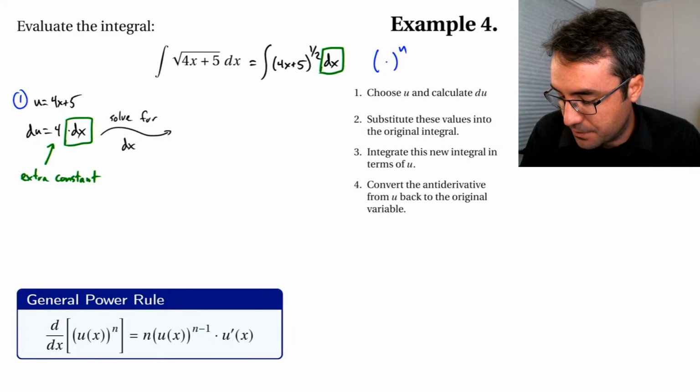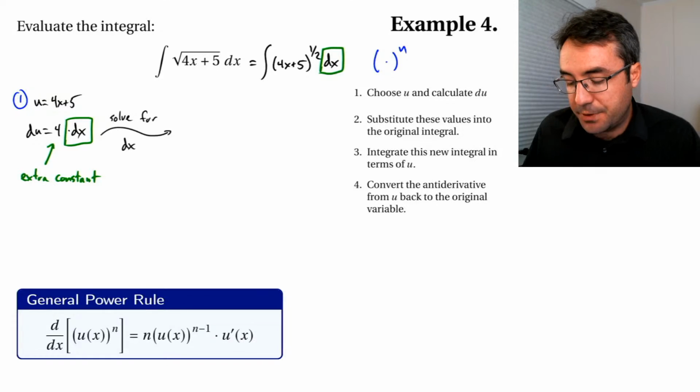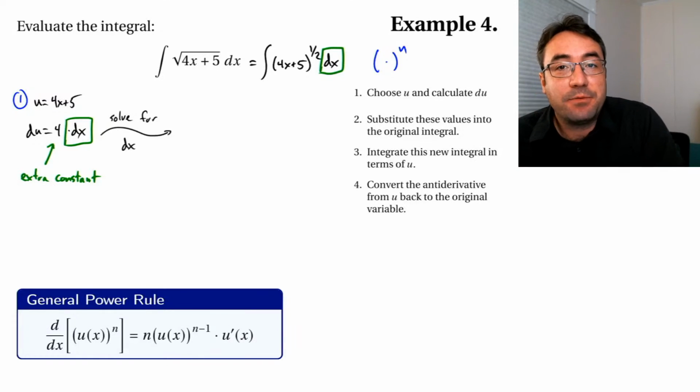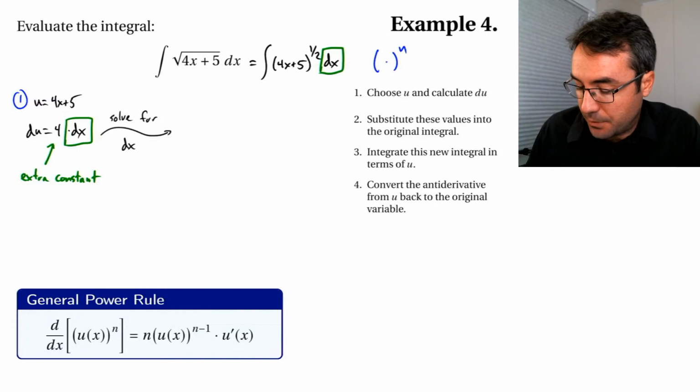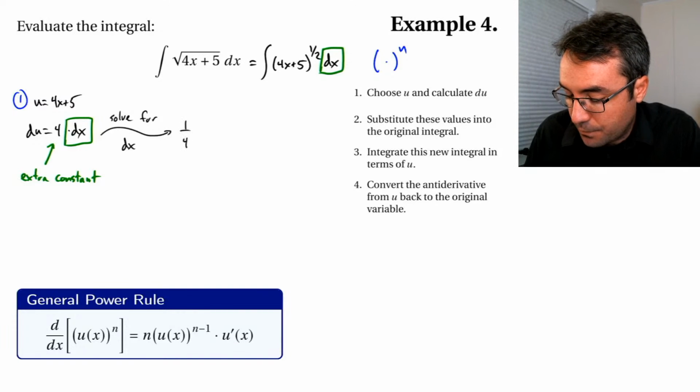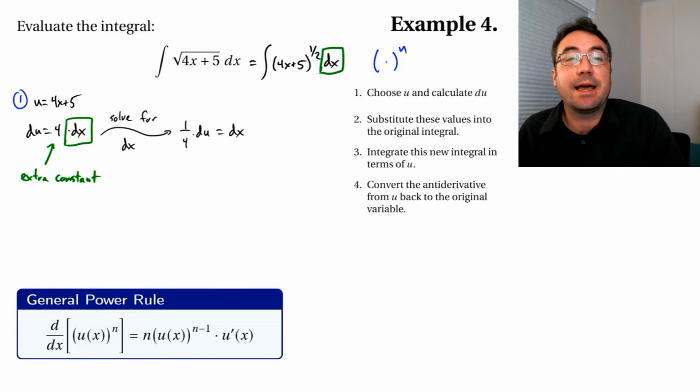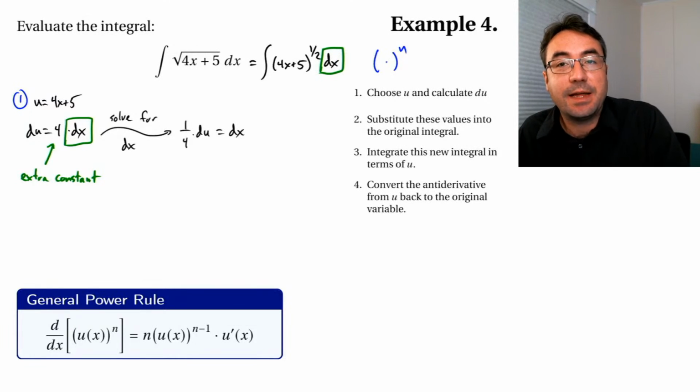So when we solve for dx, what I would do is I would divide both sides by 4. So on the left, I would get 1 over 4 times du, and then on the right, I get dx. So I've solved that equation, du is equal to 4 times dx. I solved it for dx.